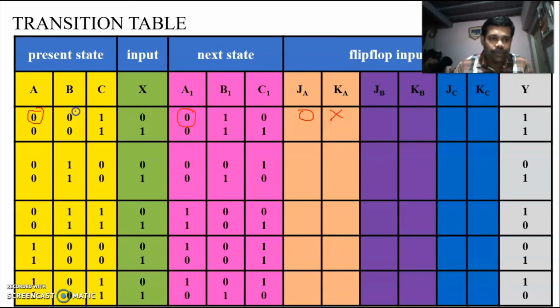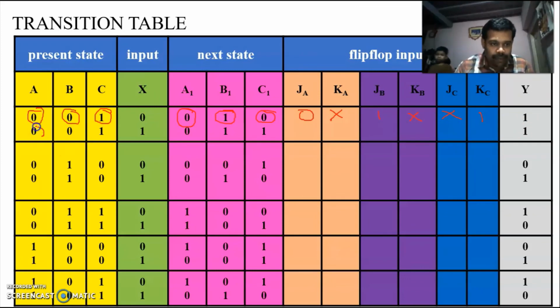Similarly, then you have to take the present state B and B1. For 0 1 you have to write 1 X. Similarly, for 1 0, you write X 1. This we are getting from the excitation table.